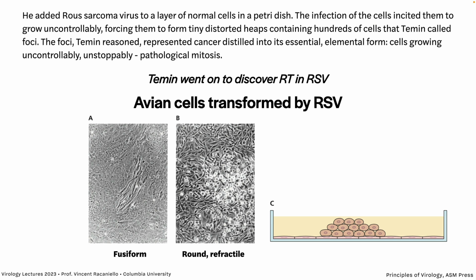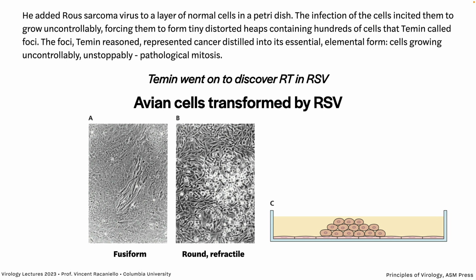So what he did, he took chicken cells. You can take a chick embryo and chop it up and make single cells, put it on a plastic dish, and they will make nice monolayers. He added Rous sarcoma virus to these chicken cells, and he got foci. He got transformed cells. There are 2 kinds of transformed cells here. On the left, kind of long, spindly cells.